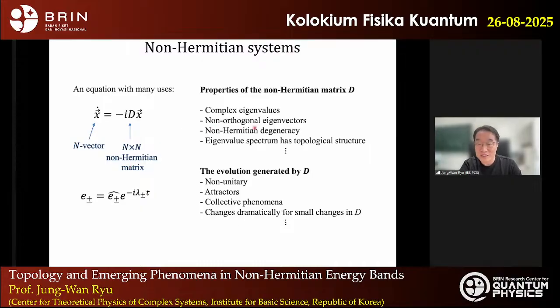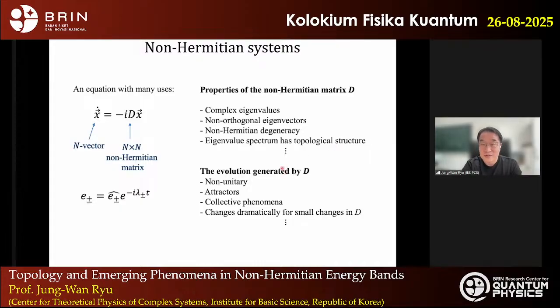And this is called the exceptional point. I'll explain about this later in more detail. And because of this kind of property, the eigenvalue spectrum in a non-Hermitian matrix has non-trivial topological structures. So today I talk about this eigenvalue spectrum and its non-trivial topological structure.